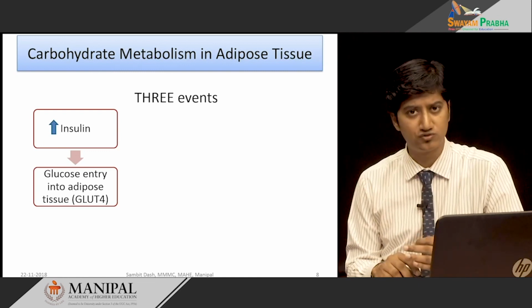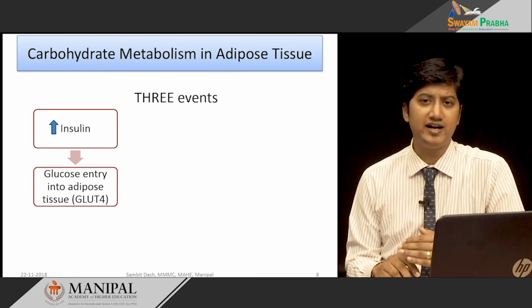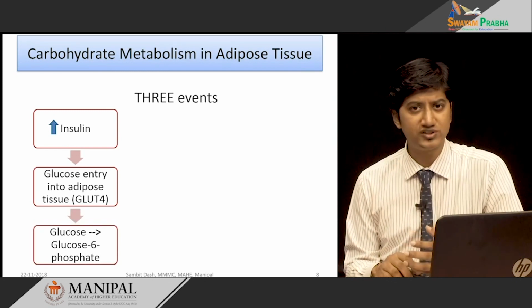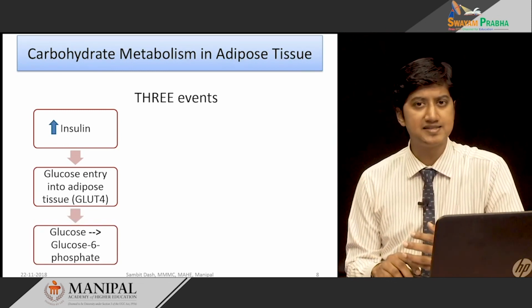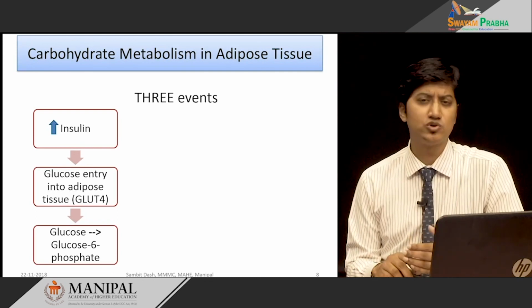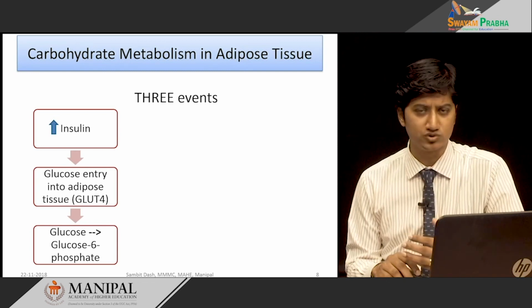Insulin activates GLUT4 receptors. This glucose, which has entered adipose tissue, is now converted to glucose 6-phosphate by the enzyme hexokinase. This conversion of glucose to glucose 6-phosphate in any cell is meant to trap the glucose inside the cell.